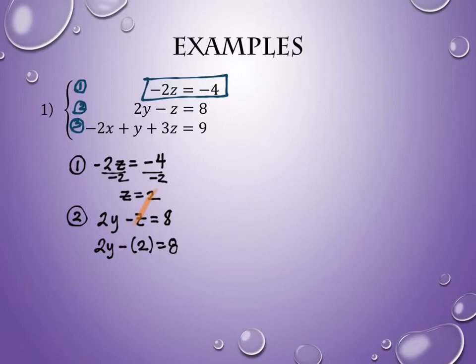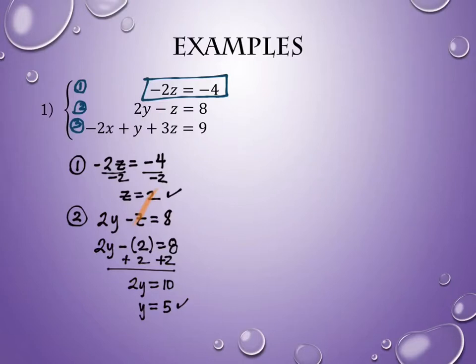So 2y minus 2 equals 8. Now I'm again down to 1 variable. Add my 2 to both sides. So 2y equals 10, or y equals what? 5. Very good. Now I have Z solved for, I have y solved for, and in my third equation I have 3 variables, but I already know what 2 of them are.